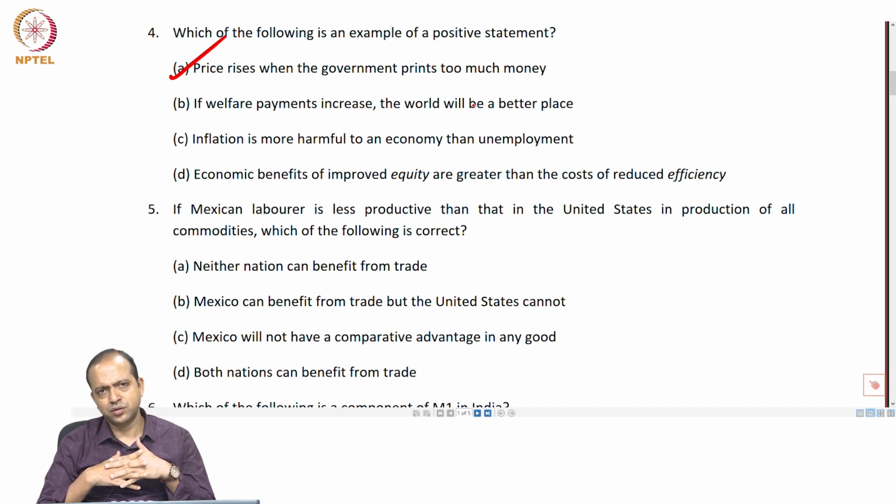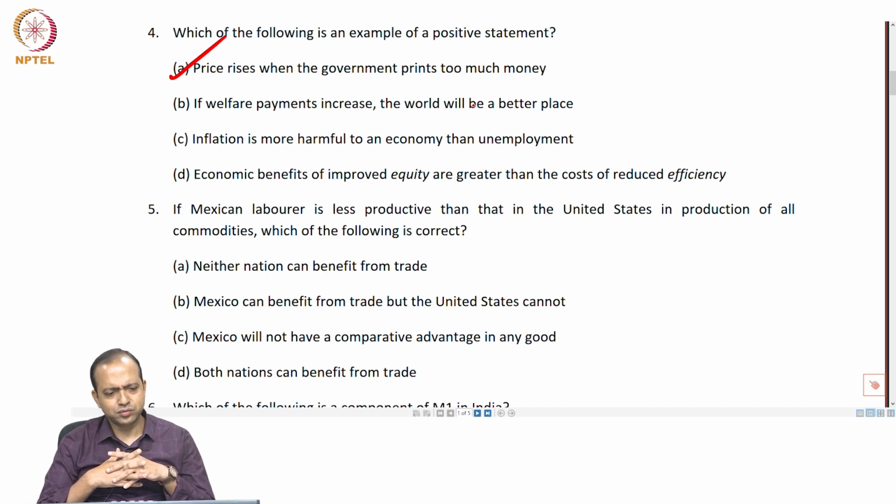Computer and wheat are two commodities produced by both Mexico and the United States. Production of both wheat and computer requires less labor in the United States.